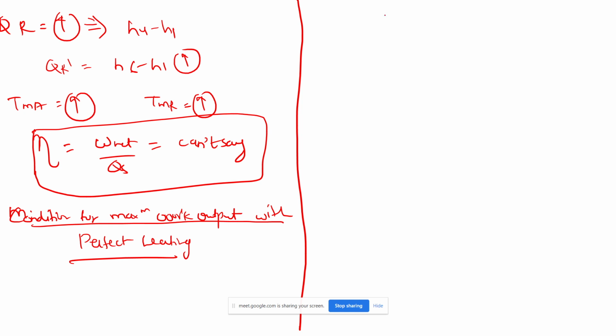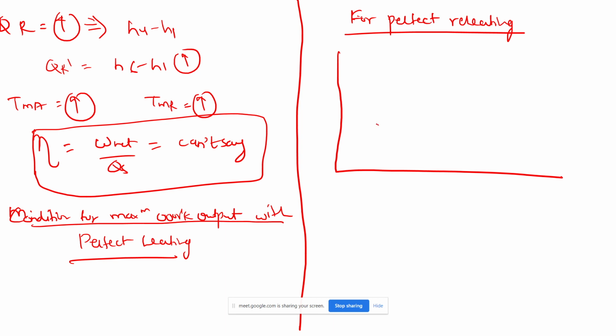So for the perfect reheating condition, the diagram looks like this, a T-S diagram. Points one, two, three, 4, 5, 6.